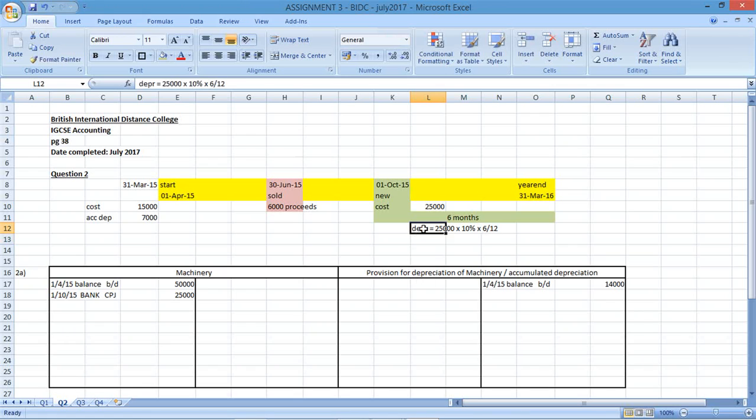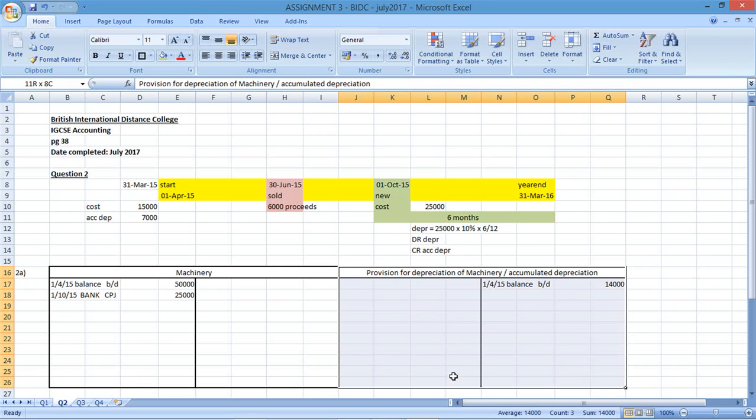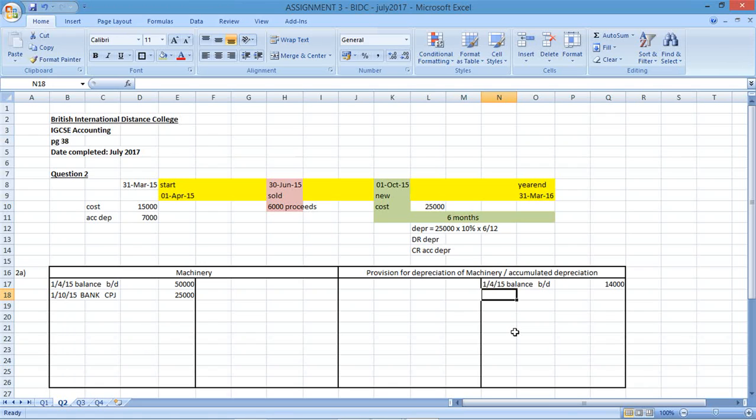And that's going to be recorded in our depreciation account. So we would debit depreciation, and then we would credit the accumulated depreciation. Obviously, in this particular textbook or module, they refer to it as provision for depreciation. Okay, it's just a different word for the same thing, so I'm going to record that on this side. I'm going to record depreciation separately for all of these different assets. So I'm going to show, this is obviously year end, so 30th of March 2016.